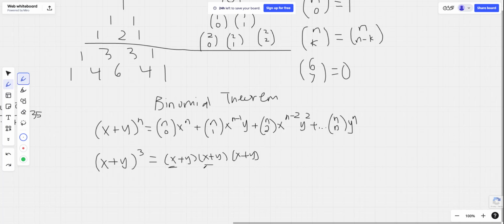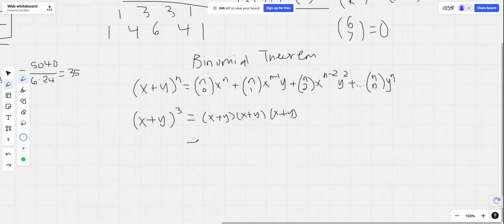That's the only way you can get 3 x's. That's also the same thing as choosing none of the y's. So that equals, if you choose none of the y's, that's the first term.